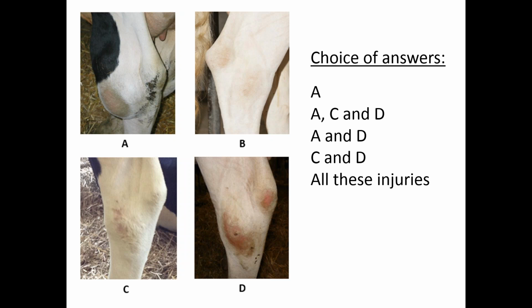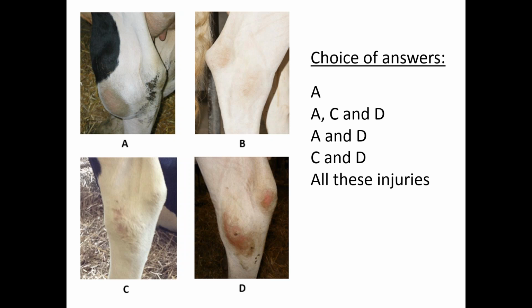In the view of ProAction, in terms of what has been decided from the animal care assessment program as part of ProAction, scores of A and D, so the 2 higher scores on that scale, have been deemed unacceptable. So we're trying to look at and minimize the prevalence of those cows that are experiencing hock injuries of that kind of score, A and D, as you see in the pictures here on the screen. So there's not really a wrong answer to this question, but based on what's going to be assessed.